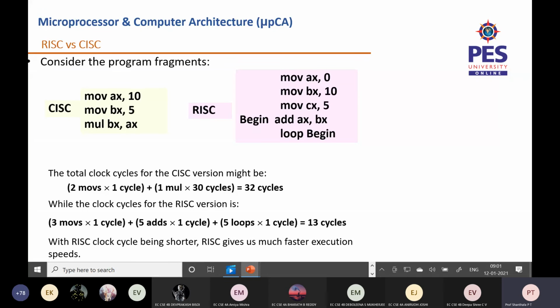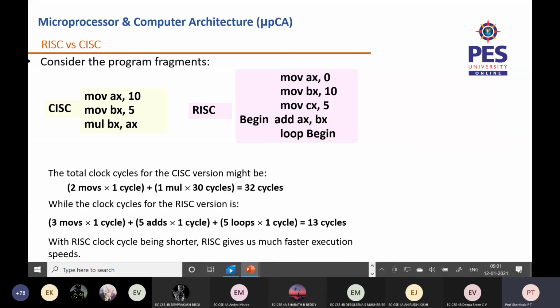You can work out how this happens. Suppose I consider 5 additions at 1 cycle each, and 5 loops at 1 cycle, which is equal to 13 cycles. So with the RISC clock cycles being shorter, RISC gives much faster execution.